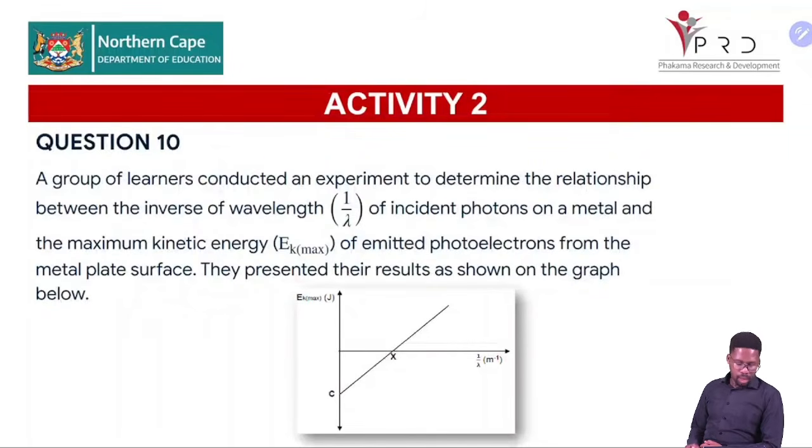Activity 2. A group of learners conducted an experiment to determine the relationship between the inverse of wavelength and the maximum kinetic energy. So that graph represents that. Our y-axis is EK max, our x-axis is the inverse of the wavelength.